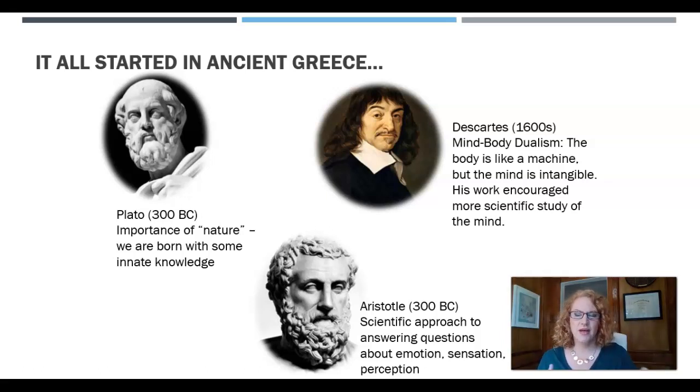He thinks of the body as a physical entity, a machine, but he also thinks that the mind is an intangible, separate entity, but that the 2 are connected. So we've got the physical body and we've got the mind itself.